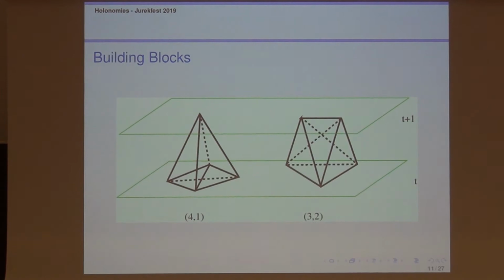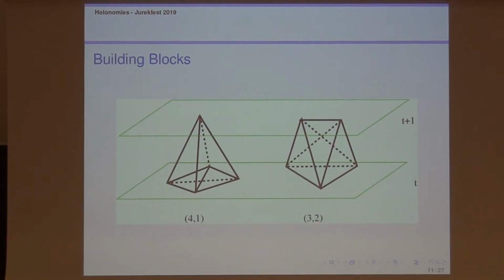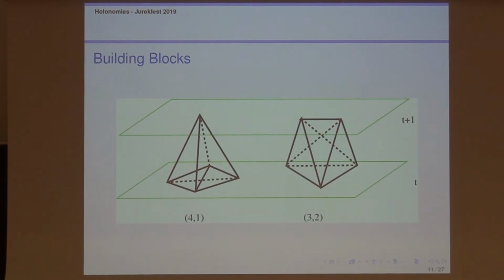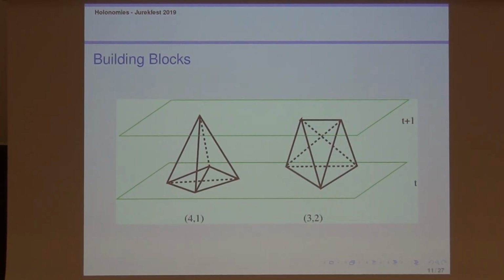If we want to glue together two states at different times, we need to connect them. In fact, in 4 dimensions, it turns out we need two types of building blocks. There are two types of 4-dimensional simplices, which in one layer, the t layer, come from the state at time t, and then connect to the state at time t plus 1 by time links.